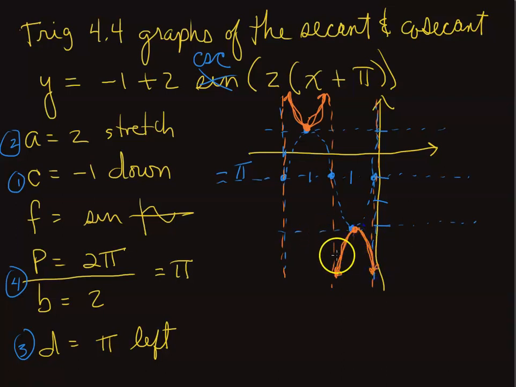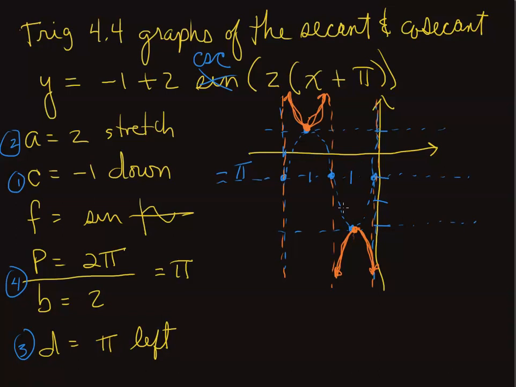So that is the cosecant. You're doing everything the same you did before, except it's the rest of the stuff. The only place where the cosecant and secant are the same is at these peaks and valleys, I guess you'd call them.